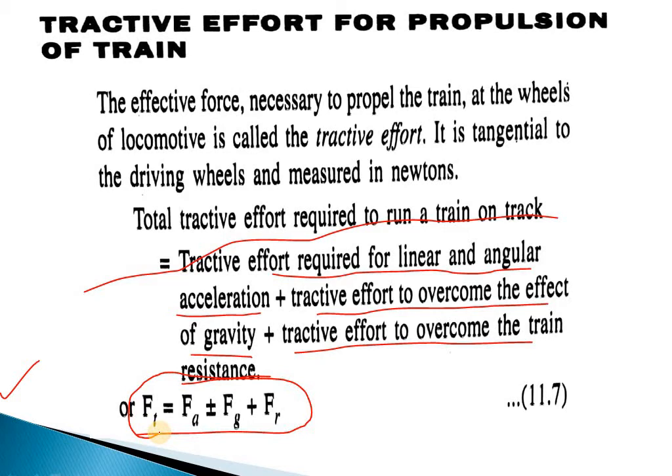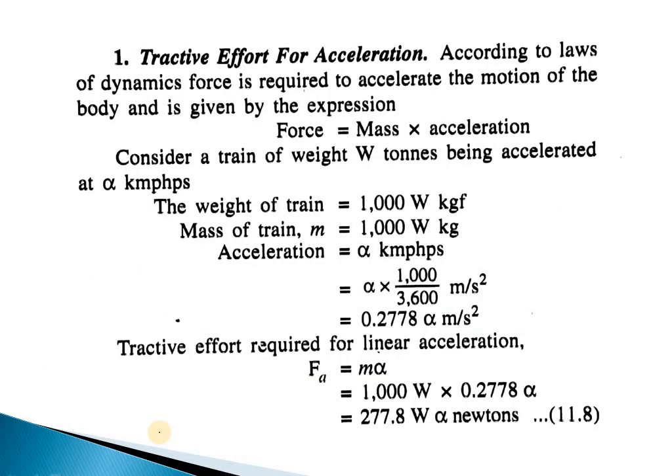That means when a train is running with its wheels, some tractive effort is required, and it is based on these three components. One for linear and angular acceleration, second to overcome the effect of gravity, and third the tractive effort to overcome the train resistance.